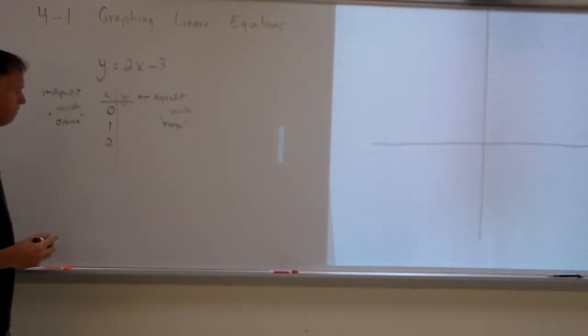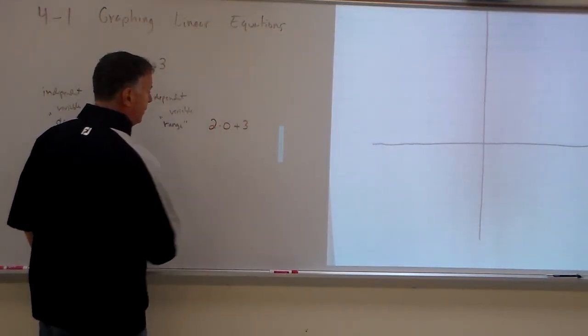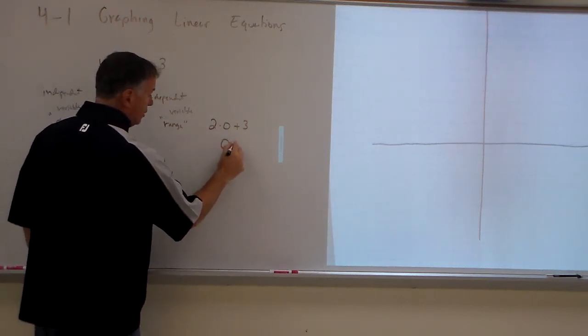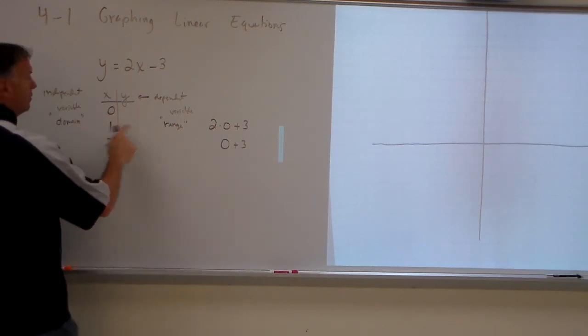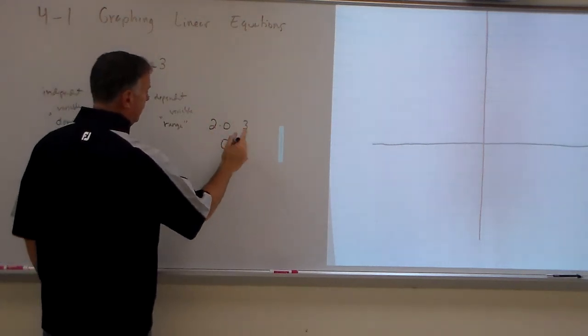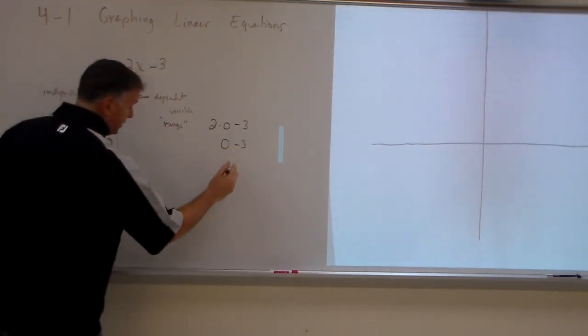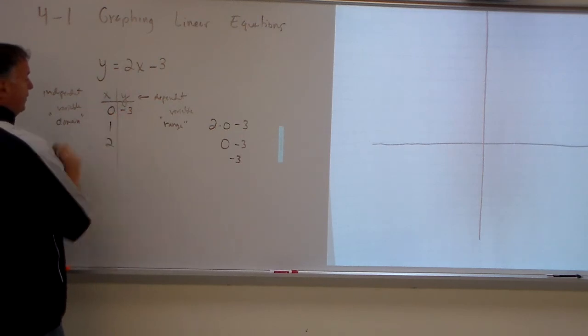And we're going to plug them in. So we've got 2 times 0 minus 3. 2 times 0 is 0, and 0 minus 3 is negative 3. I'm sorry, it's minus 3, I copied that wrong. So when I plug in a 0, I get a negative 3.